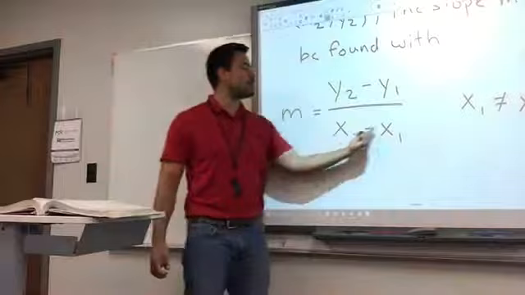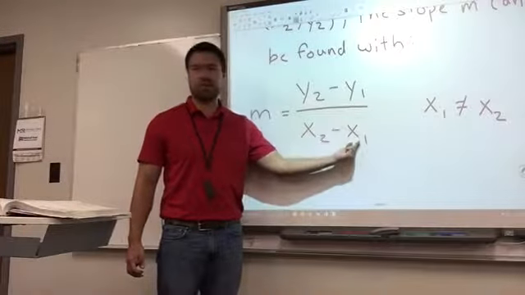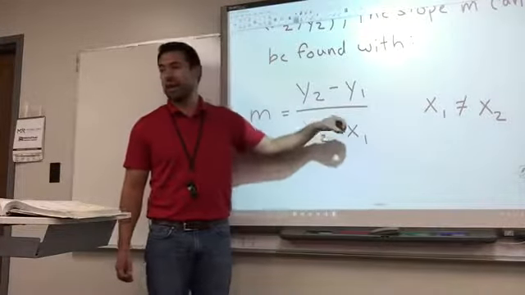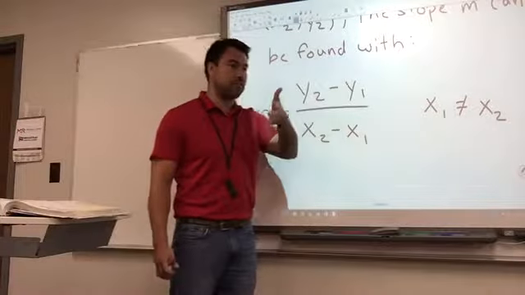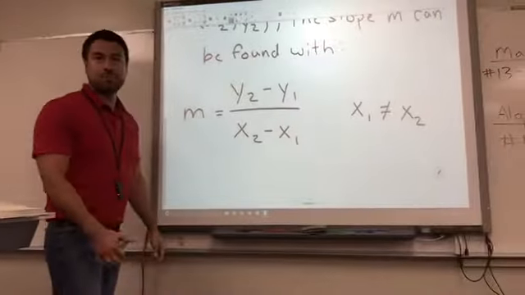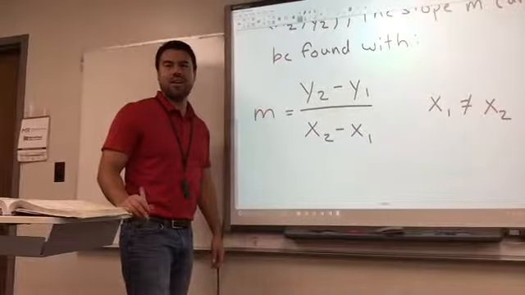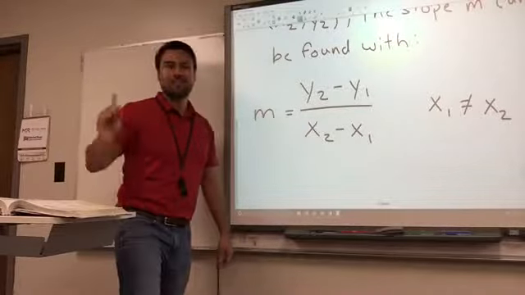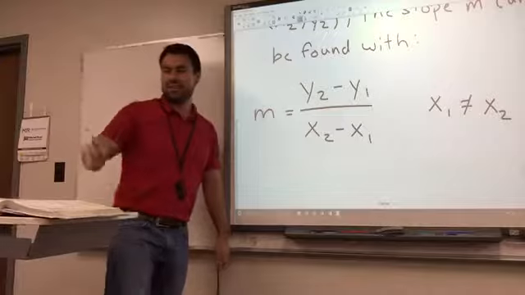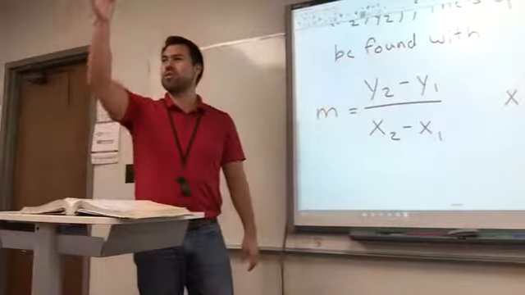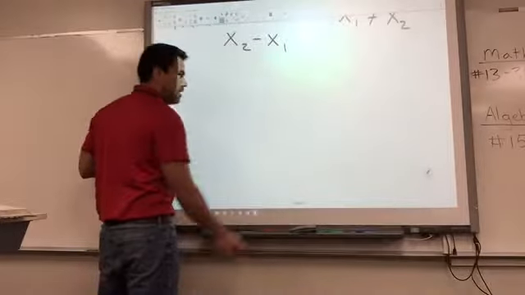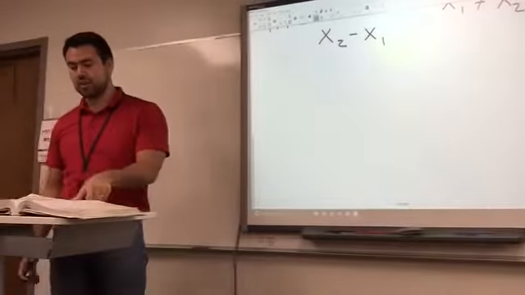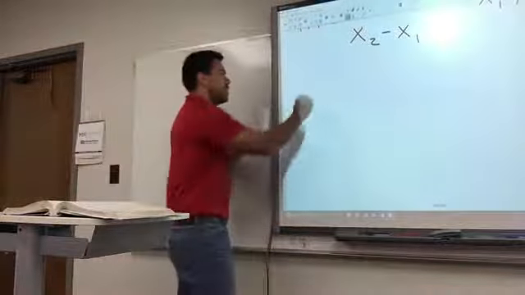Whoa! If these two are the same number, what's a number minus itself? 0. Are you allowed to have a fraction with a denominator of 0? No. In fact, that would give you an undefined slope, which means what kind of line are you? Vertical line. Close. It's either horizontal or vertical. In this case, vertical. That's good that you guys are pulling that out because we're going to go over that this afternoon again.